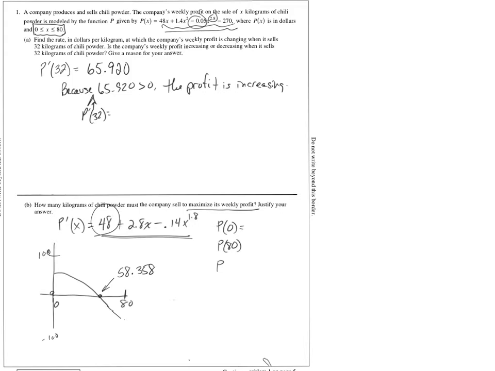You could make an argument that because this function has a derivative that is strictly positive and then strictly negative, the profit function must go up and then come down. So it's going to have just a max. If it's strictly increasing and then strictly decreasing, it must look like that. So this point right here is going to turn out to be our absolute max.